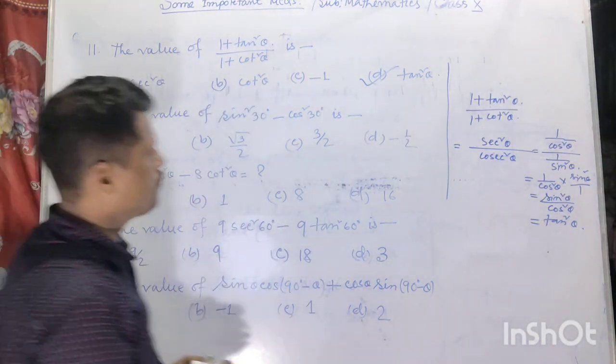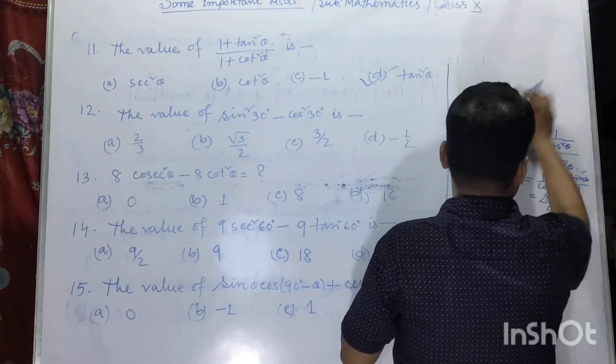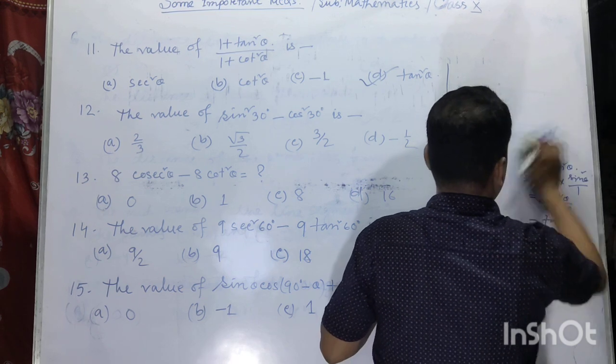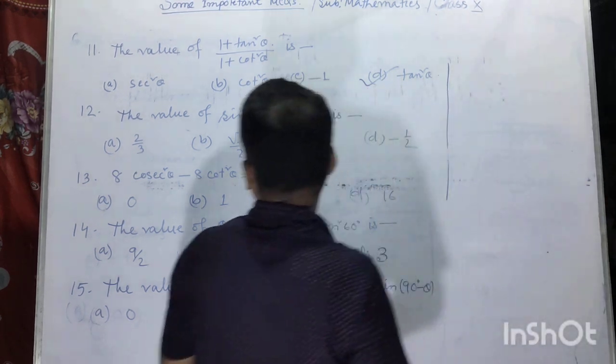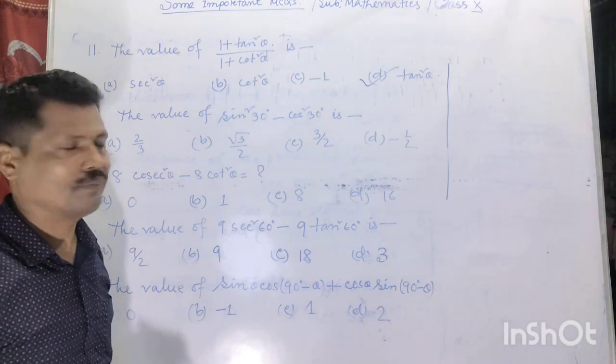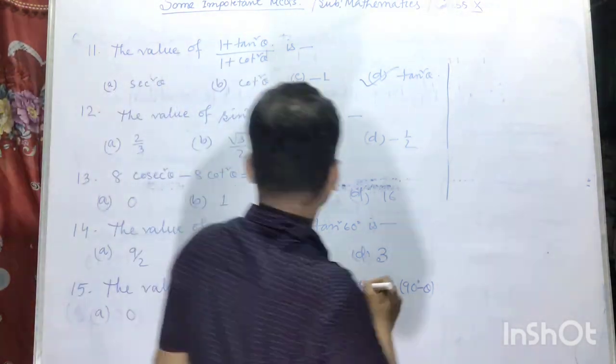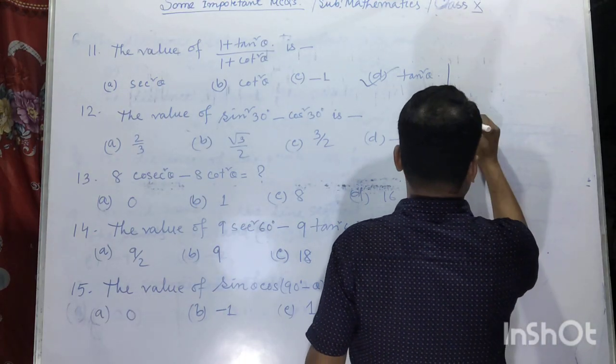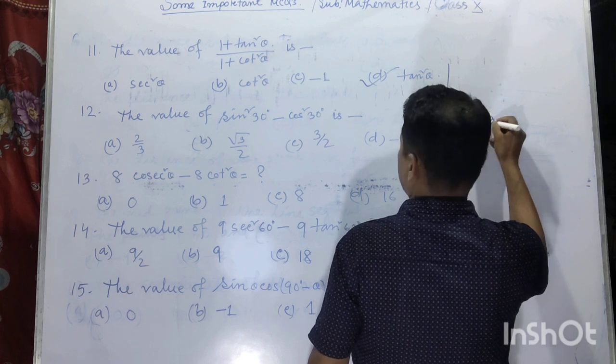Next we have to find the value of sin square theta minus cos square theta. We can find this one also.